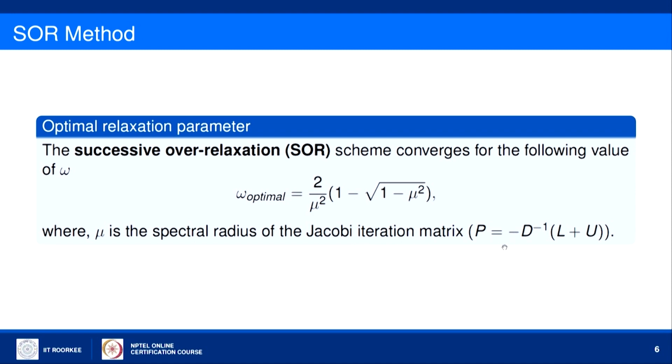If you recall, the Jacobi iteration matrix is minus D inverse into L plus U. Calculate all the eigenvalues of this, and the eigenvalue biggest in magnitude will be the value of mu, the spectral radius of this iteration matrix P. Once you have mu, you can calculate the optimal value of omega using this formula.